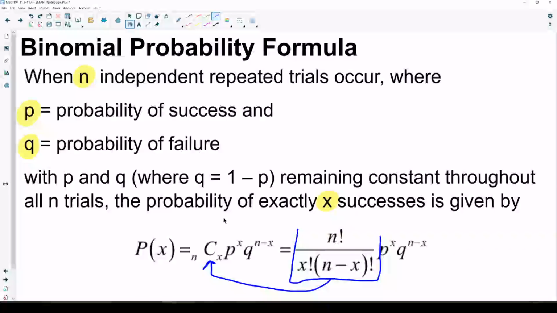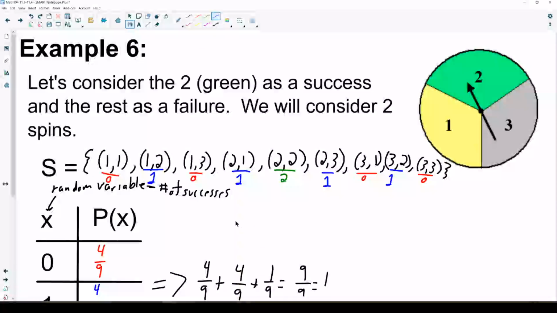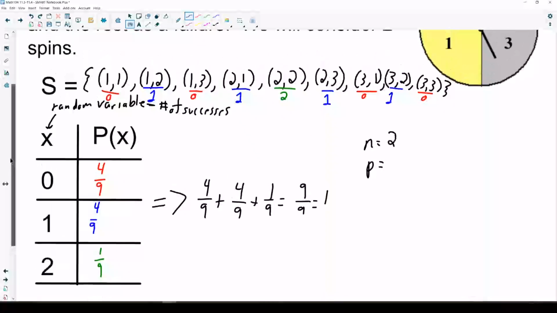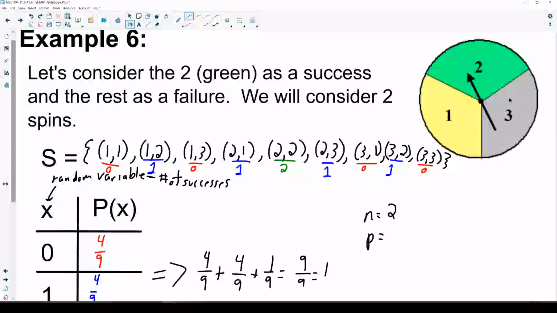Let's try applying that to the problem we just looked at a moment ago. So instead of writing this all out, if I wanted to just calculate the chances of getting a 0 number of 2s, I could approach this from the binomial probability formula, right? I could say that n, my number of trials, was 2. Now, the probability of success, my p, well, if I'm looking at my spinner, right, there are 3 equal shots.